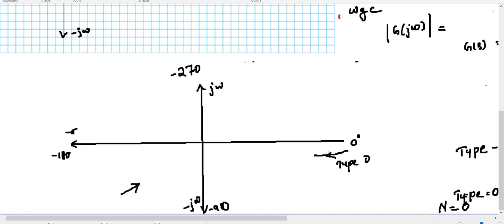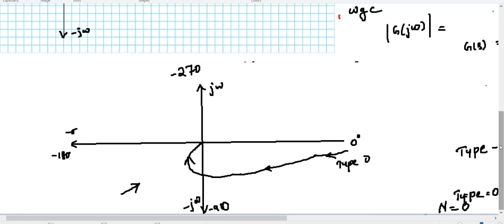So the polar plot starts from here, corresponding to the type 0 system, and it ends at the phase angle corresponding to the order of the system. This will be the approximate polar plot for the given problem.